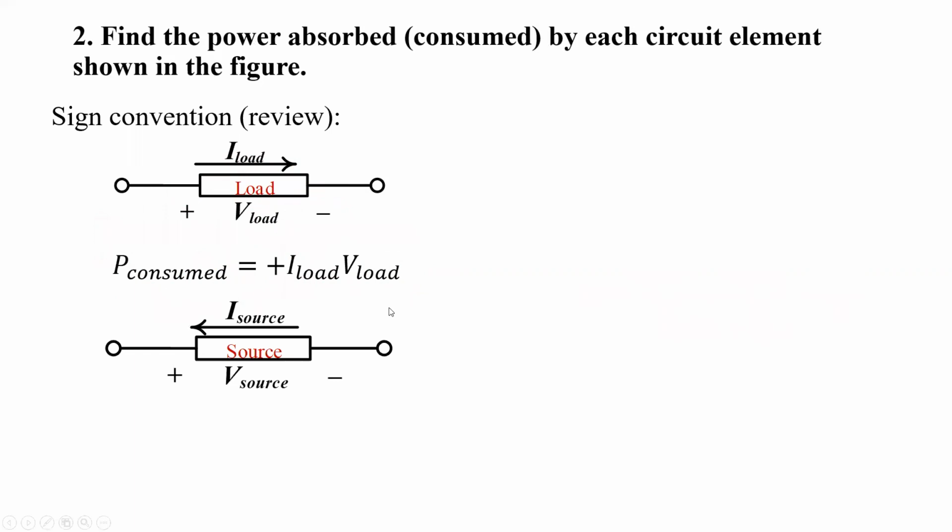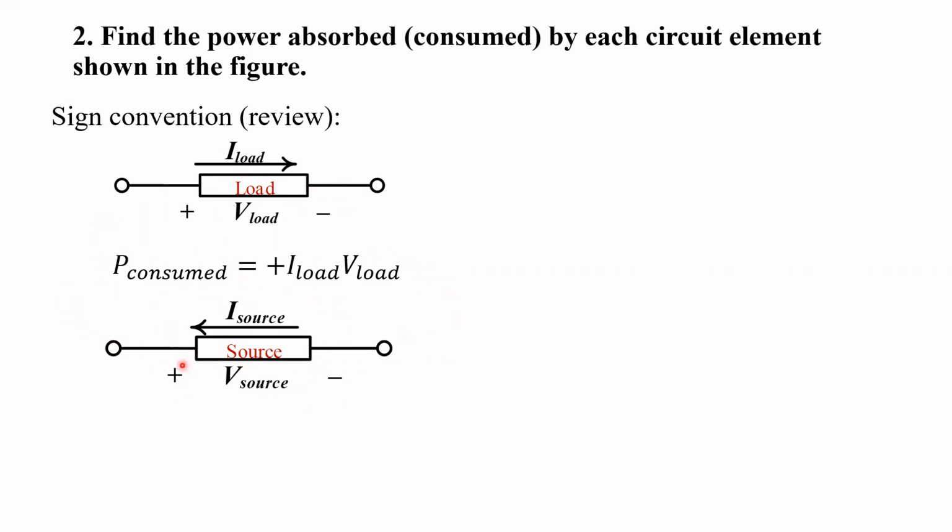Now let's review the sign convention in the case of a source. In the case of a source, if we are considering inside the source, then the current will flow from the negative terminal to the positive terminal. We can also say that in the case of a source, the current will come out of the positive terminal and go into the negative terminal if we consider outside the source.